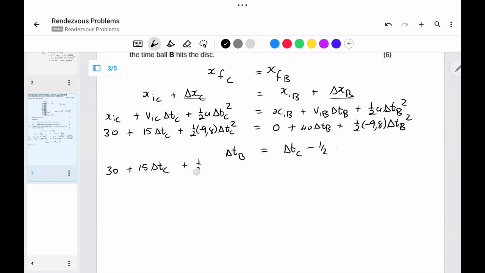I'm going to rewrite our equation like this. I leave delta t C alone. It's the time delta t B that has to change. One half minus 9.8 times open bracket delta t C minus 1/2, the whole thing squared.